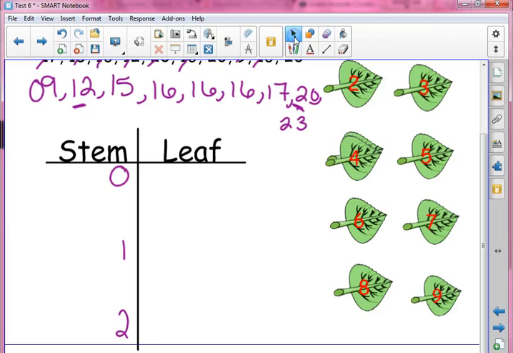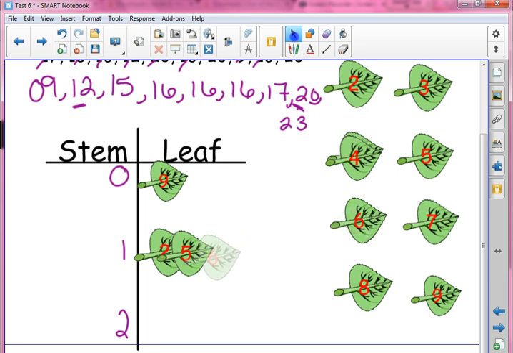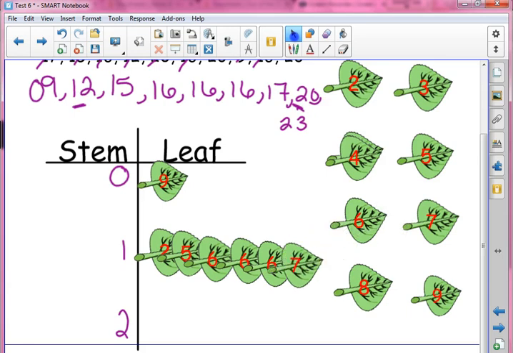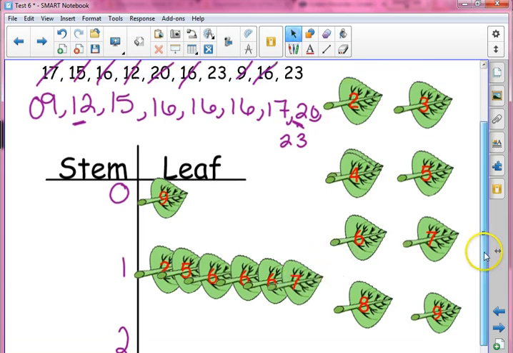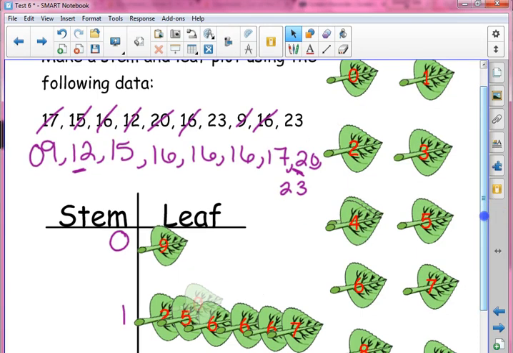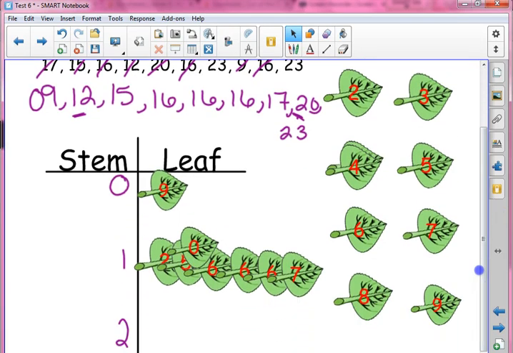All right, and then I have a 9, so I pull a 9 over, and then I have a 2 because of 12, and then a 5 because of 15, and then 3 6s because of 16 3 times, and then a 7 for 17, a 0 for 20, and a 3 for 23.